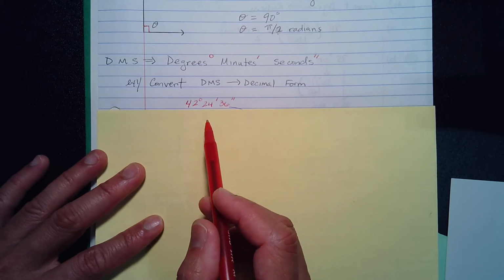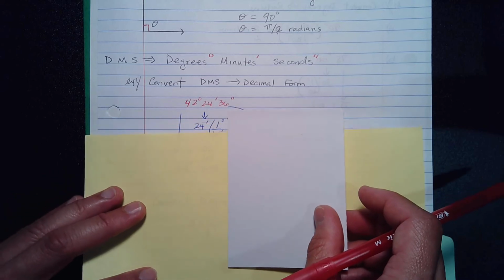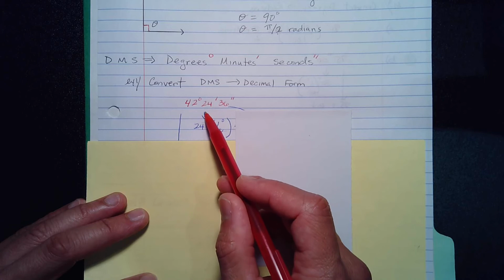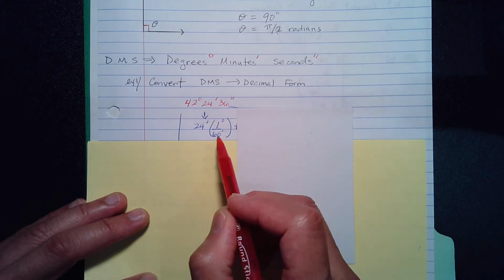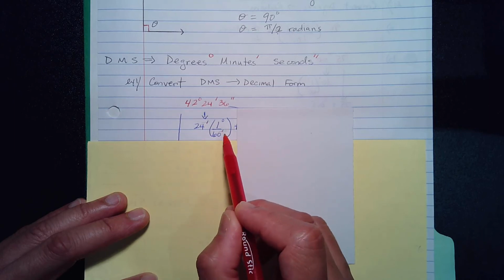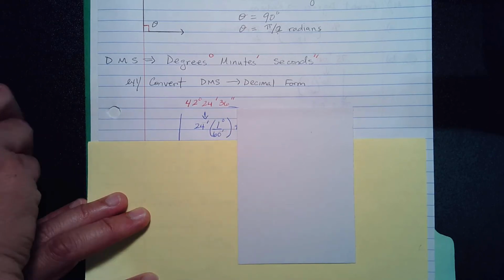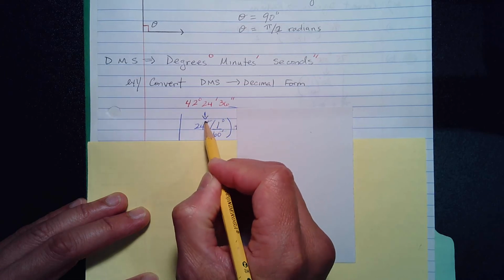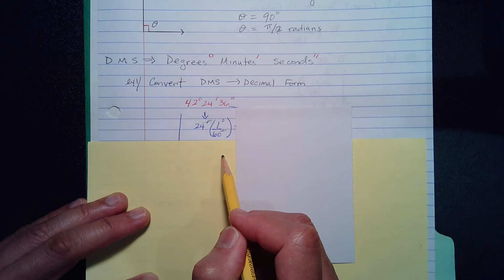So to do that, the first thing we're going to do is convert the 24 minutes into degrees. There's 1 degree per 60 minutes. The reason I wrote the ratio this way is because I know the minutes are going to reduce out.